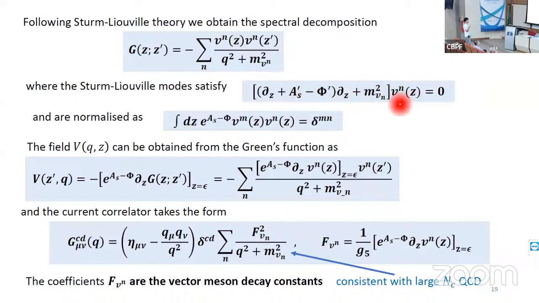These are the normalizable modes that satisfy some normalization condition and this equation for this sector. And you can find a relation between the bulk to boundary propagator and this Green's function. And in that way, you end up with a spectral decomposition for the current correlator. And this decomposition is what you expect in large N QCD. So this is a nice result.